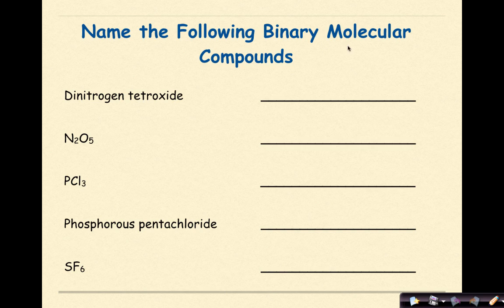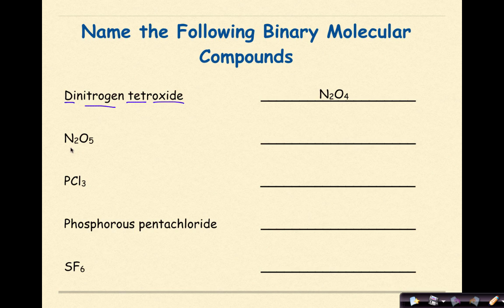Name the following binary molecular compounds. So let's look at the first example. Dinitrogen tetroxide. The di and the tetra are basically telling you how many of these elements we have here. So if I was to write the formula of this, this would be N2O4 for dinitrogen tetroxide. If we look at the next example, we have N2O5. So the difference here is the 5 is going to be a penta.